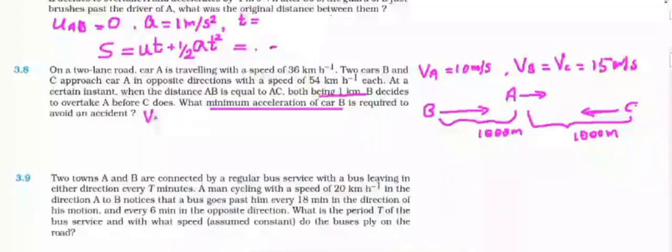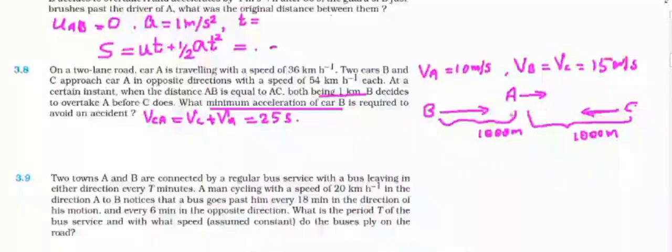So we have VCA because both A and C are in motion and they are moving in the opposite direction. So therefore it will be VC plus VA. So you will get 25 meter per second.